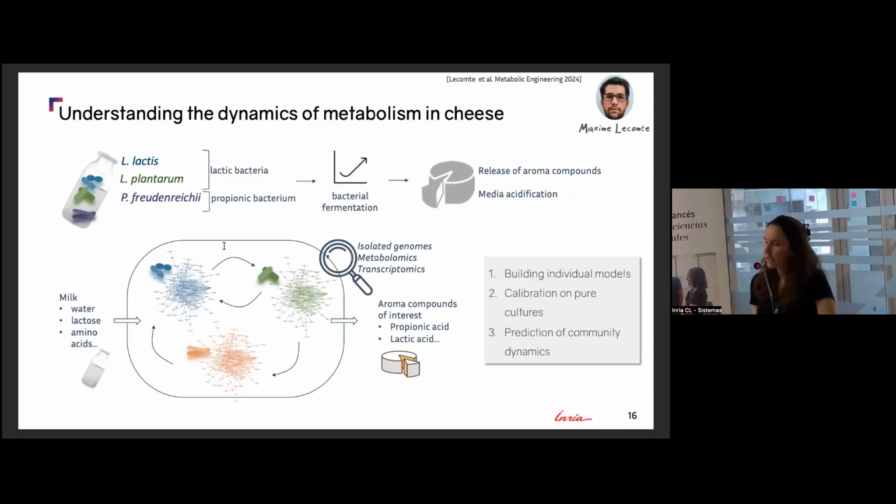So our strategy was to build individual models for each of the species, calibrate them, like a training step, on pure cultures, and then testing would be the prediction of community dynamics. So we used a learning-based strategy.